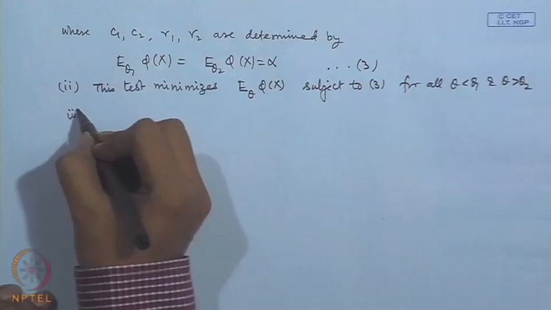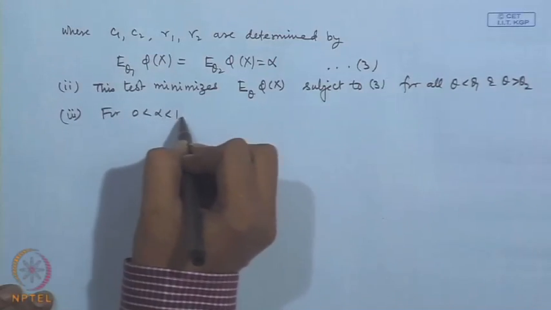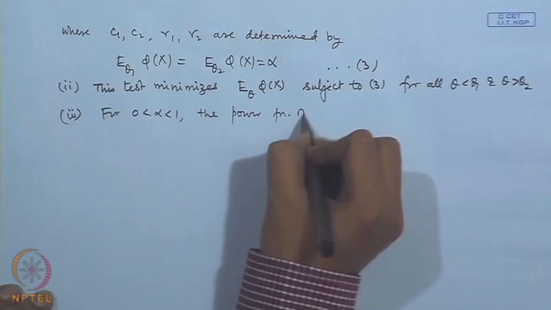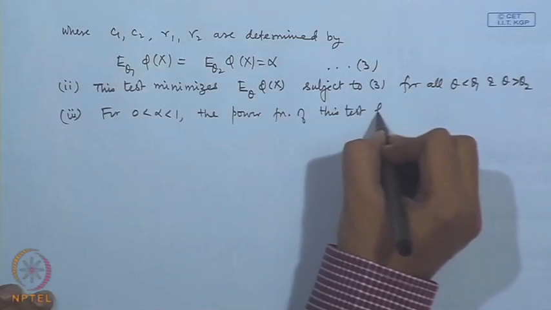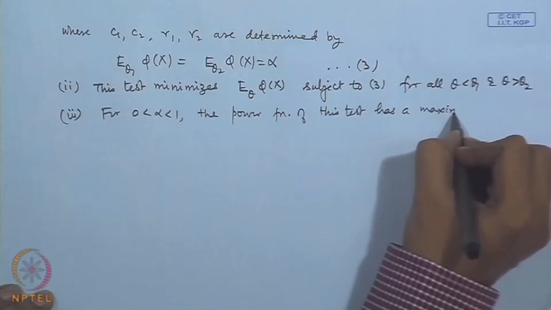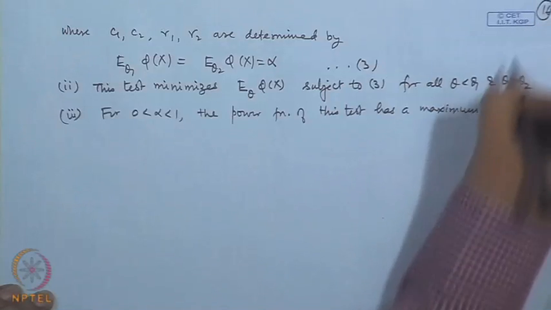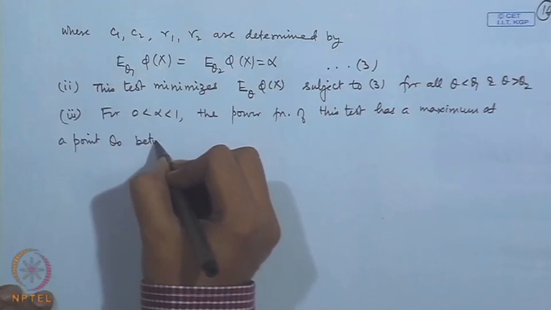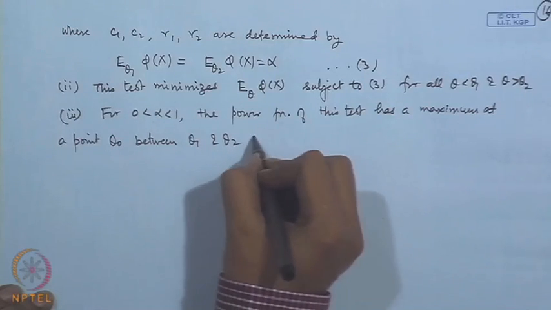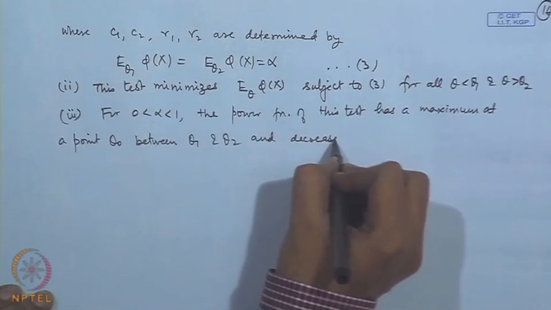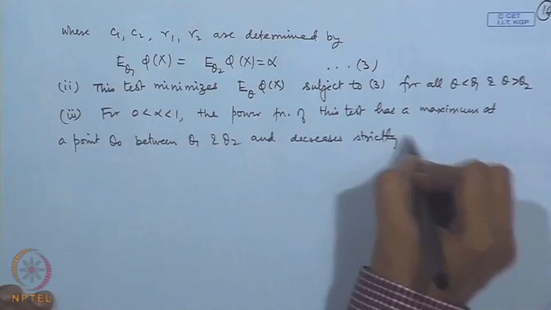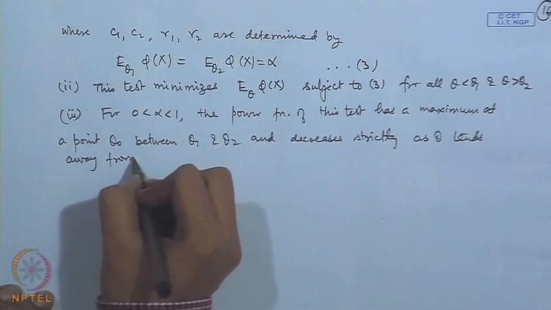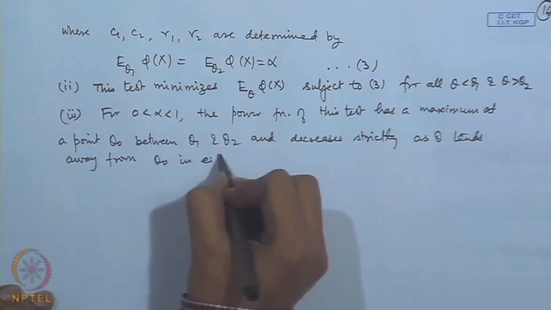And for 0 less than alpha less than 1, the power function of this test has a maximum at a point theta naught between theta 1 and theta 2, and decreases strictly as theta tends away from theta naught in either direction.